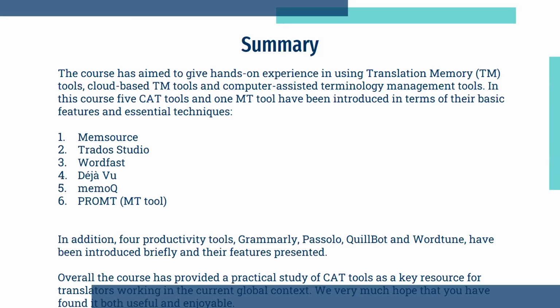We have introduced 5 CAT tools and 1 machine translation tool: MemSource, Trados, WordFast, DejaVu, MemoQ, Prompt. In addition, 4 productivity tools, Grammarly, Personal, Kiribot, and WordTune have been introduced briefly, and their features are introduced.